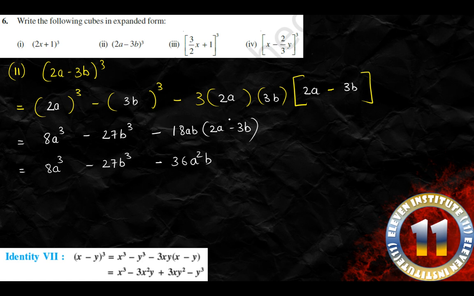Then minus minus we get plus. Be very careful over here. 18 3s are 54. A will be kept as it is. B into b will give us b square. So this is our final answer. Please pause the video and write this down in your CW.